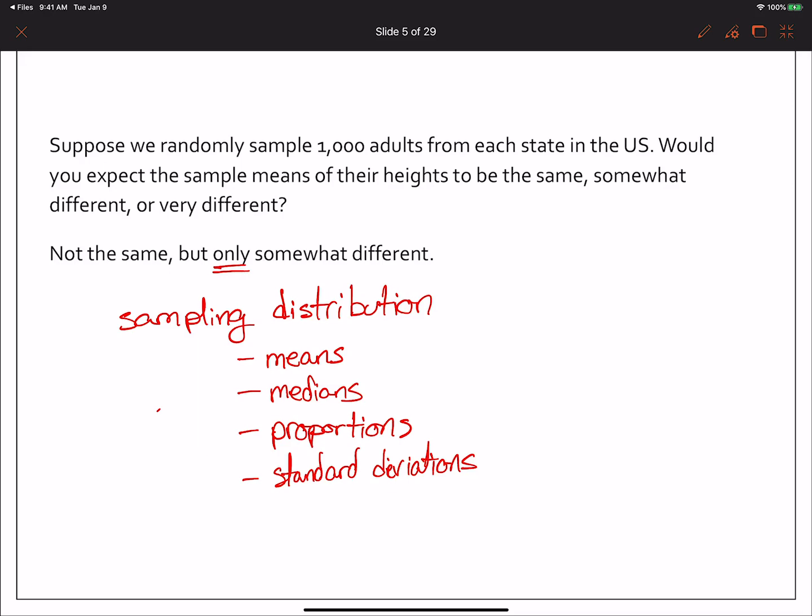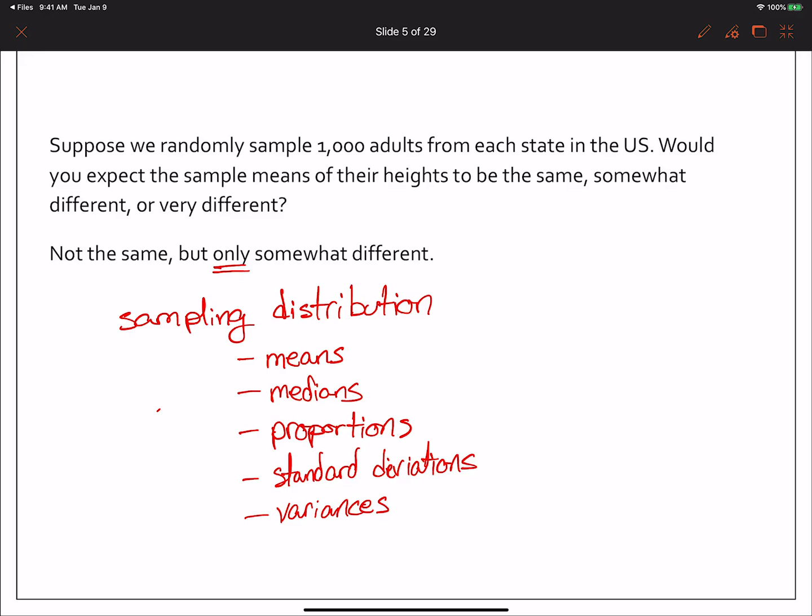And we could compare the variances, which again are related to the standard deviations. We could be comparing all of these for each of the samples that we take. So let's say sample 1 had some numbers, sample 2 had some numbers, and sample 3 had some numbers. We could compare all of them, for each of the things that we have.